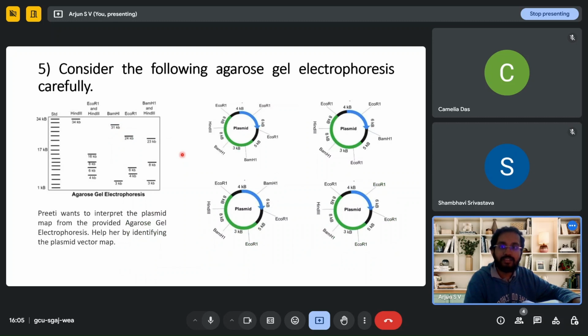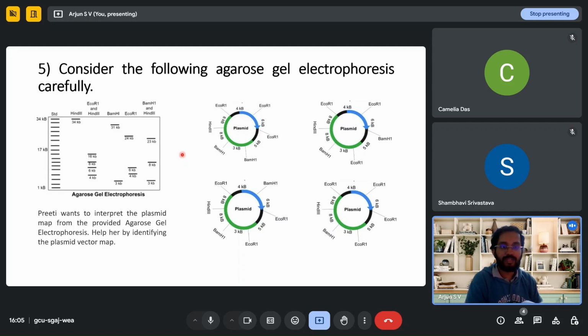Question 5. This time they are given just a gel electrophoresis diagram under different conditions, under different combinations of restriction enzymes. Using that data, we have to find out which one of the plasmid maps will hold true for this case.